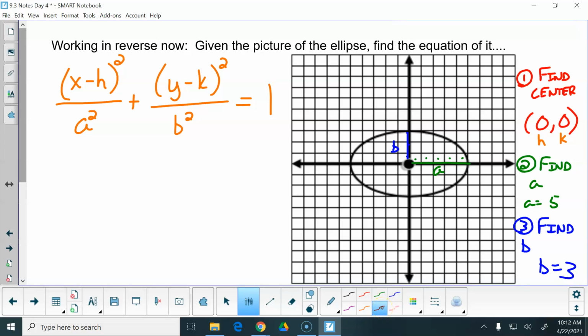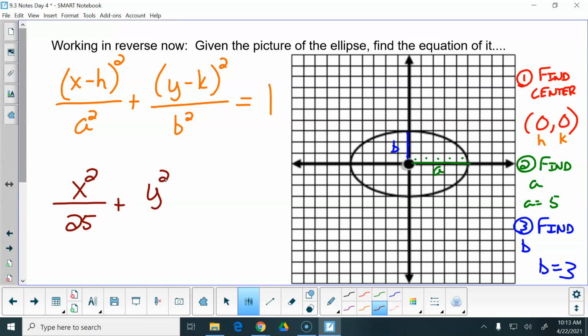So when that's all said and done, the equation of our ellipse is going to be x minus 0, quantity squared, so we'll just call that x squared, over, if a is 5, then a squared is 25.